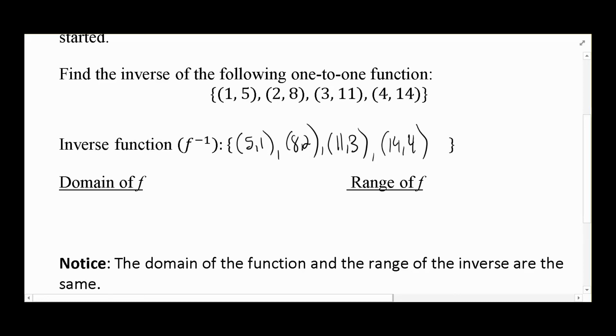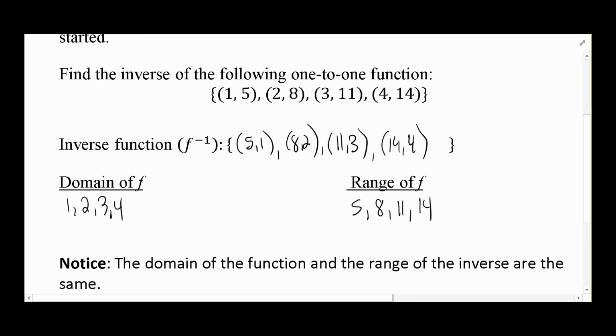In this particular problem, the domain of my function f, or my x values, were 1, 2, 3, and 4. The range, the y values, were 5, 8, 11, and 14.